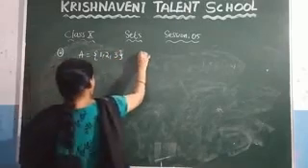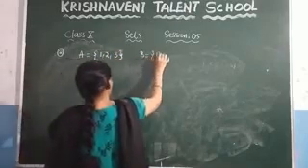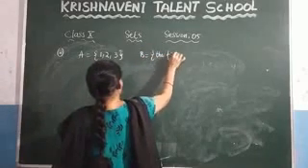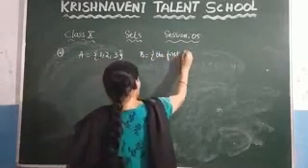And the set B they have given as the first 3 natural numbers.